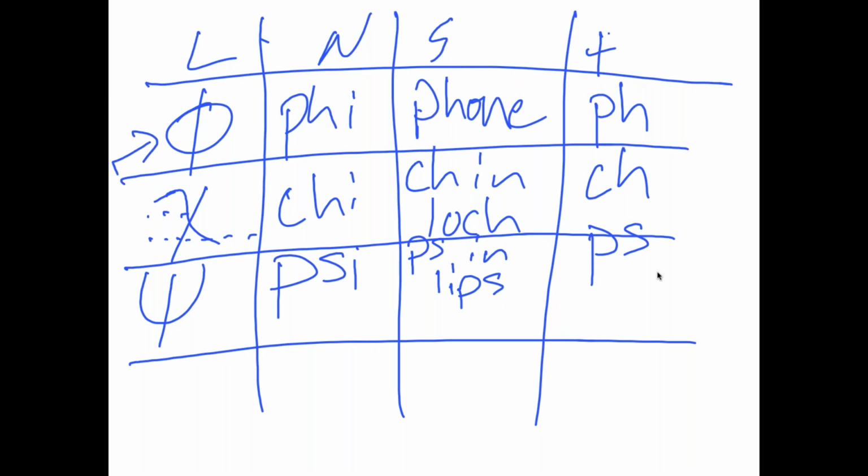The last letter of the Greek alphabet is omega. You can either do it like that or like this. I've seen it done both ways.